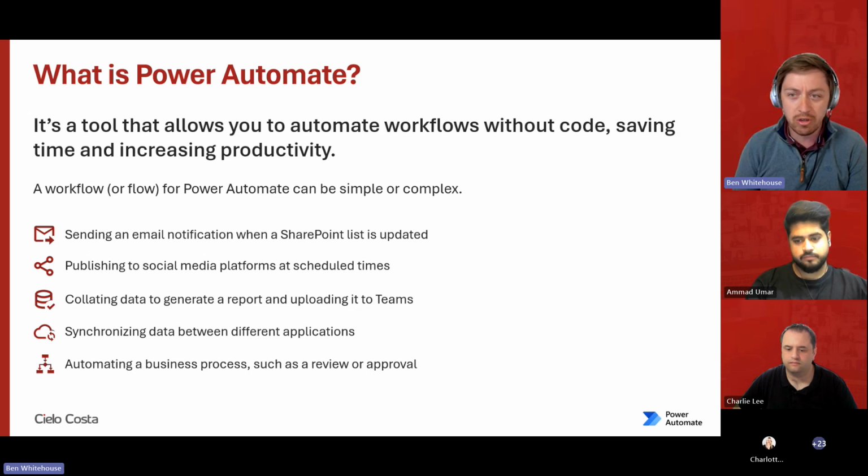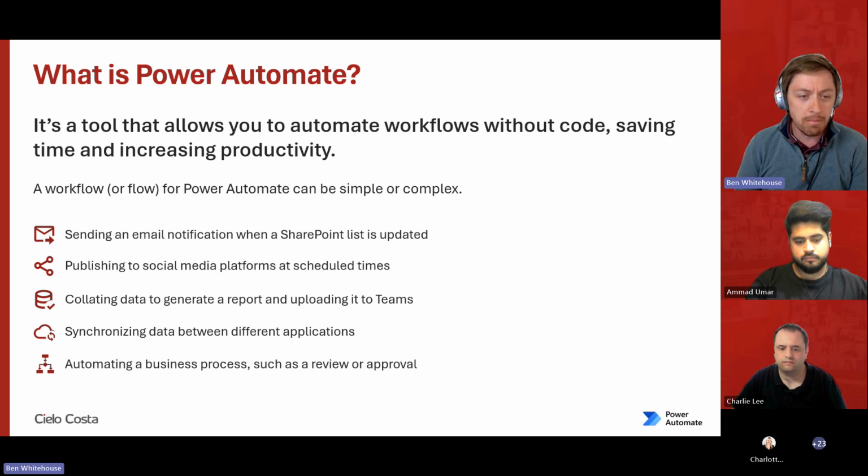That's often a challenge that organizations see, so Power Automate can assist you with that. Finally, automating business processes such as reviews or approvals. Again, this is something we see come up a lot. We have a demo later on that shows a fairly advanced approval process, so you'll get a chance to see that in a later slide.